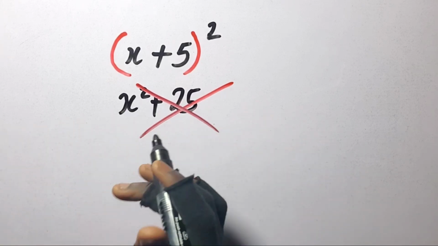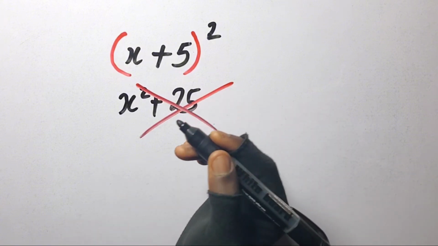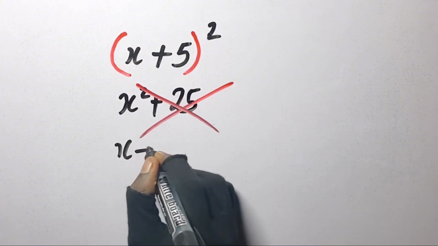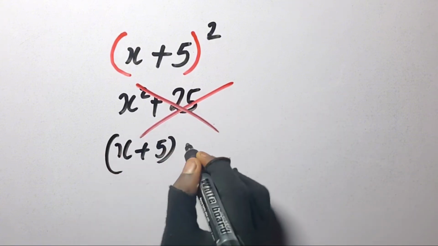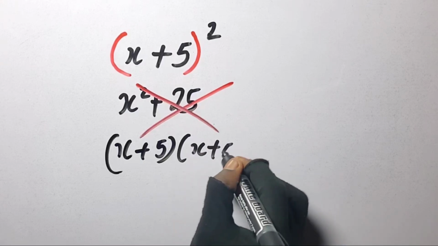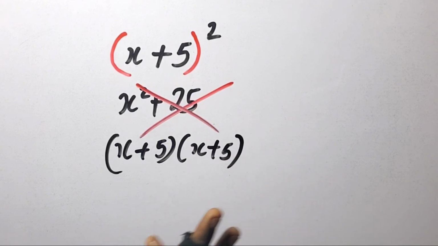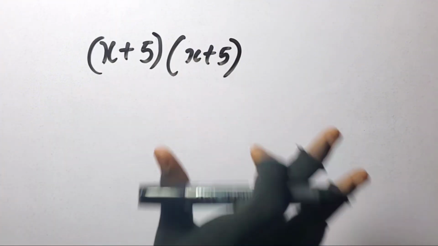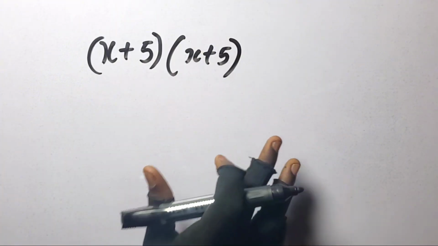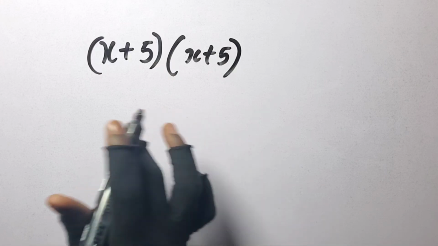It means the bracket times itself, like this: x plus 5, x plus 5. Okay, now expand it properly. You will see a middle term appear.